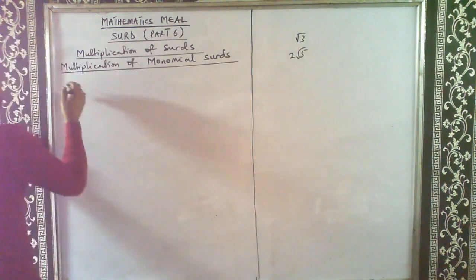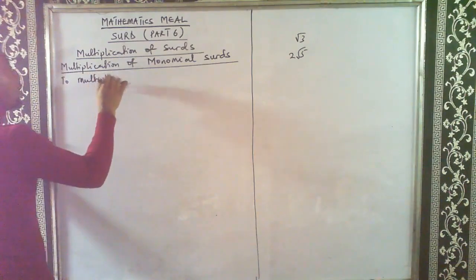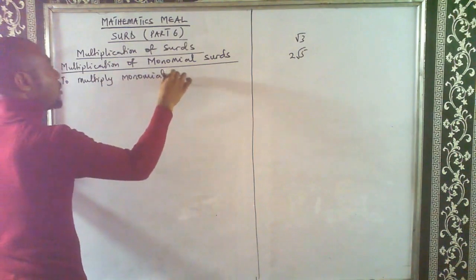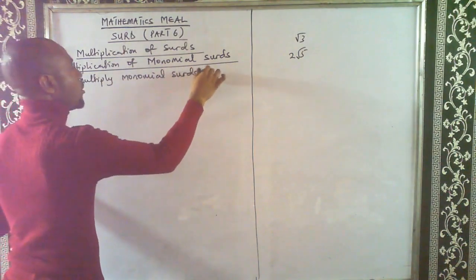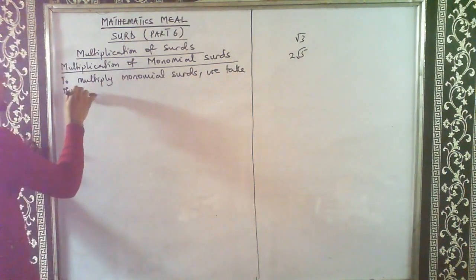So to multiply monomial surds, we take these steps.